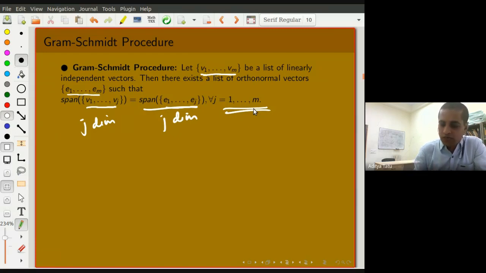Now, before we look at how this process does what it claims to, maybe it's worthwhile considering this question. Why do we need orthogonal or orthonormal vectors?